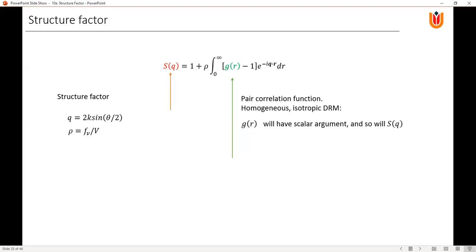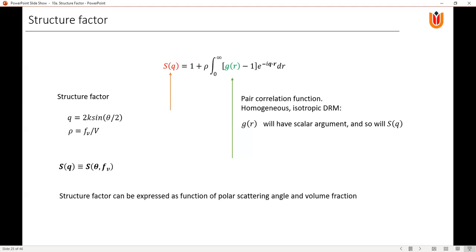Basically that means we can also substitute that, so we can express the structure factor as a function of theta. Instead of Q, we can use theta, and instead of rho, the density, we can use the volume fraction. This is meant to show that there is equivalence in how you can express it.